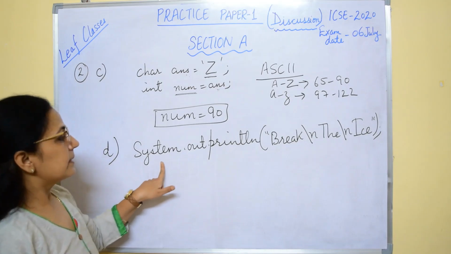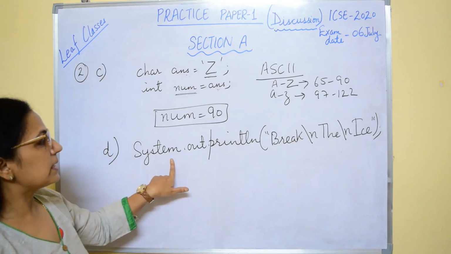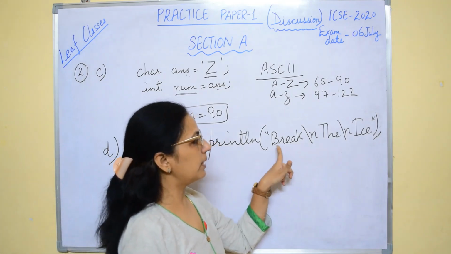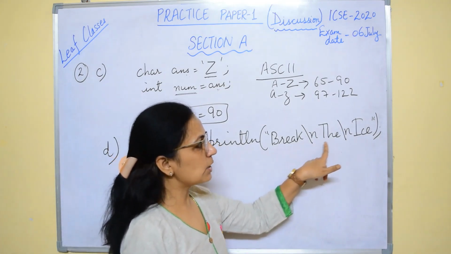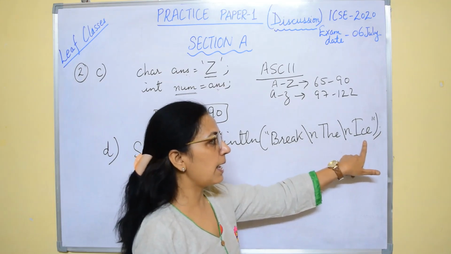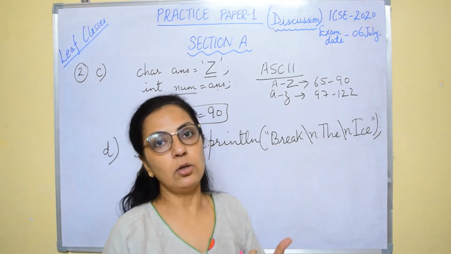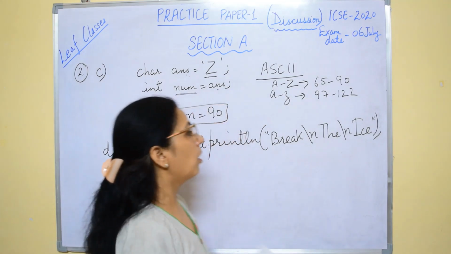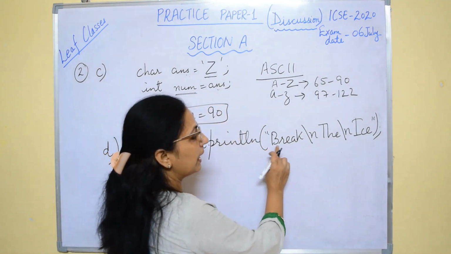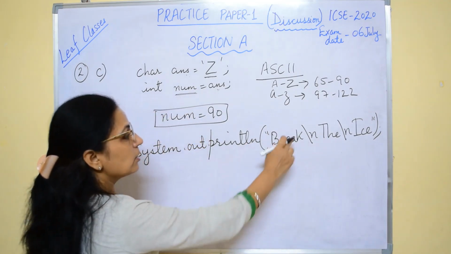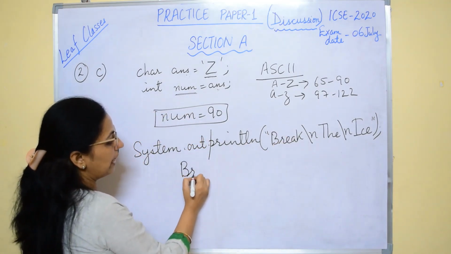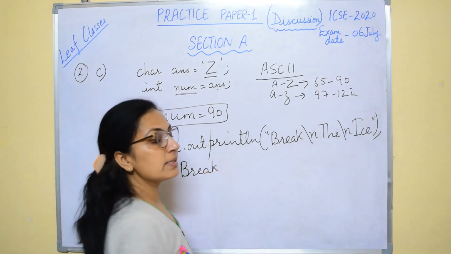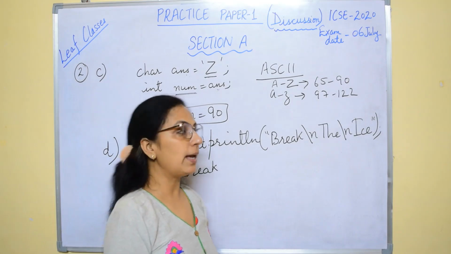So the value of num will be 90. D part, you have to write the output. System.out.println within brackets, within double quotes, Break, \n, The \n is. Now whenever you are writing the output for print statements, always take care of the case, uppercase, lowercase. So it is capital B in Break, please don't write small b here. Then \n, this is an escape sequence character, the new line character.